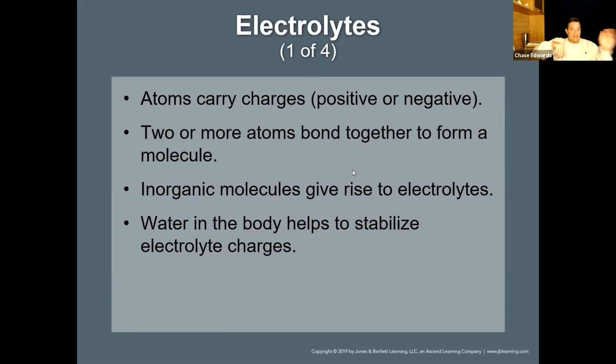Inorganic molecules give rise to electrolytes when they dissociate in water into their charged components. Electrolytes or ions are reactive and dangerous if they're left to circulate in the body. Water in the body helps to stabilize the electrolyte charges so that the electrolytes can be used to perform the metabolic functions that are necessary to sustain your life.